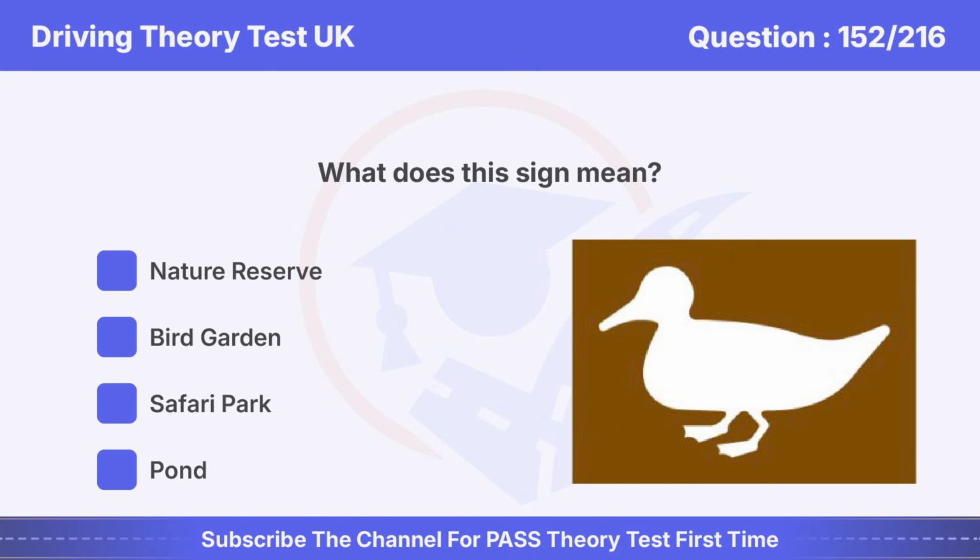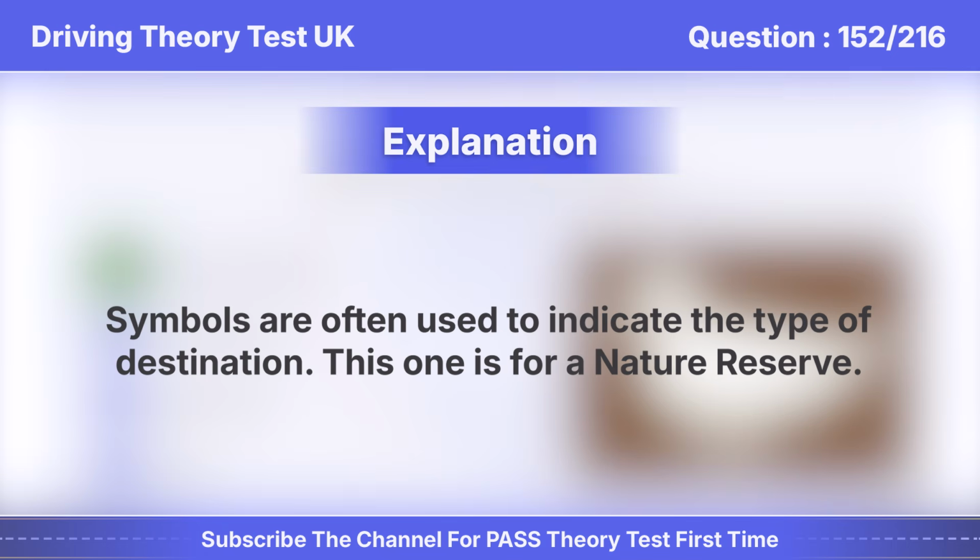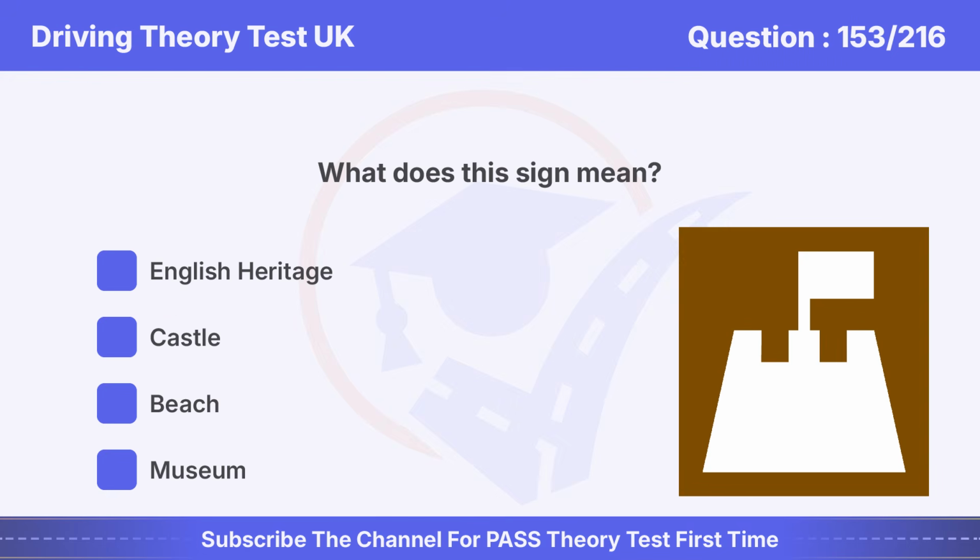What does this sign mean? Answer is A. Nature reserve. Symbols are often used to indicate the type of destination. This one is for a nature reserve. Question 153. What does this sign mean?